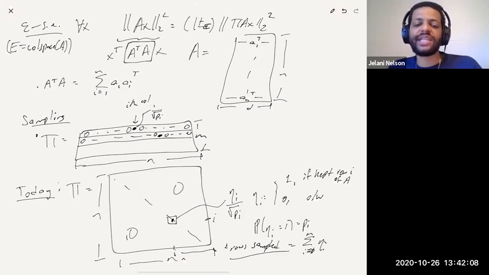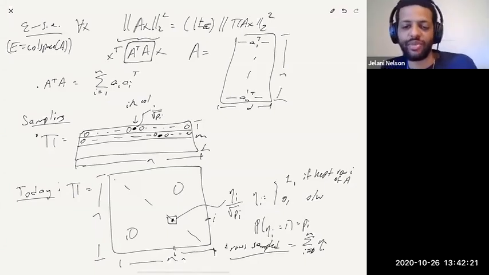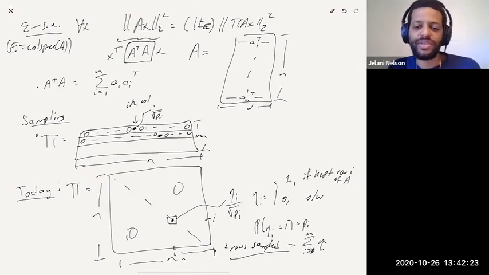So instead of exactly sampling m rows, we're going to sample a variable number of rows, a random variable, but we hope that its expectation is going to be something that we can bound, and it's going to be concentrated around the expectation. So with high probability, we don't sample too many rows. Okay.